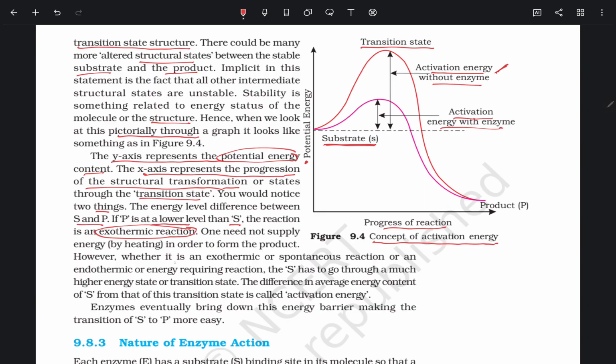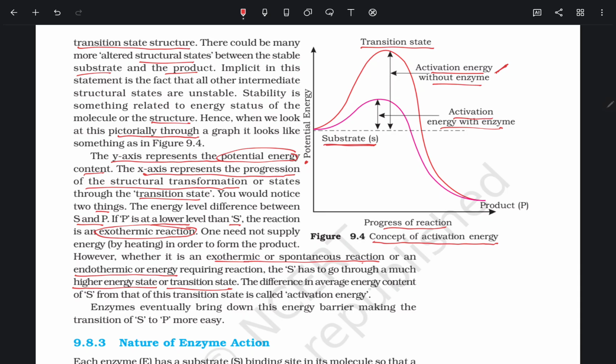However, whether it is an exothermic and spontaneous reaction, or an endothermic reaction requiring energy, the S has to go through a much higher energy state, the transition state.